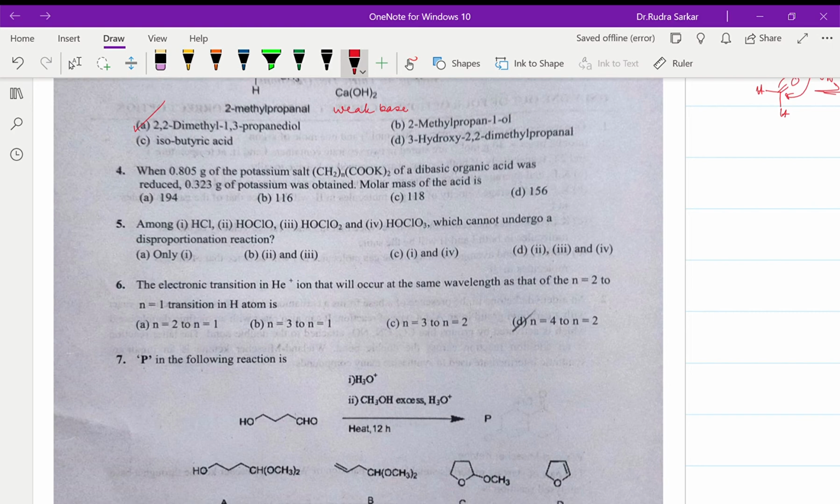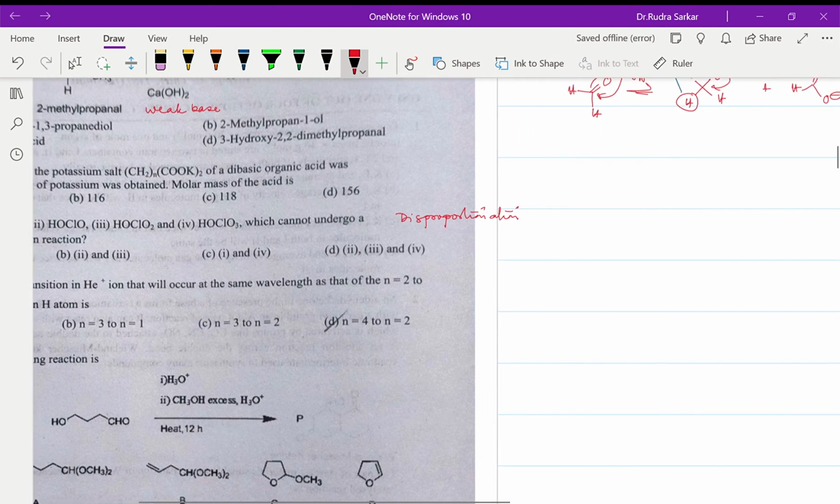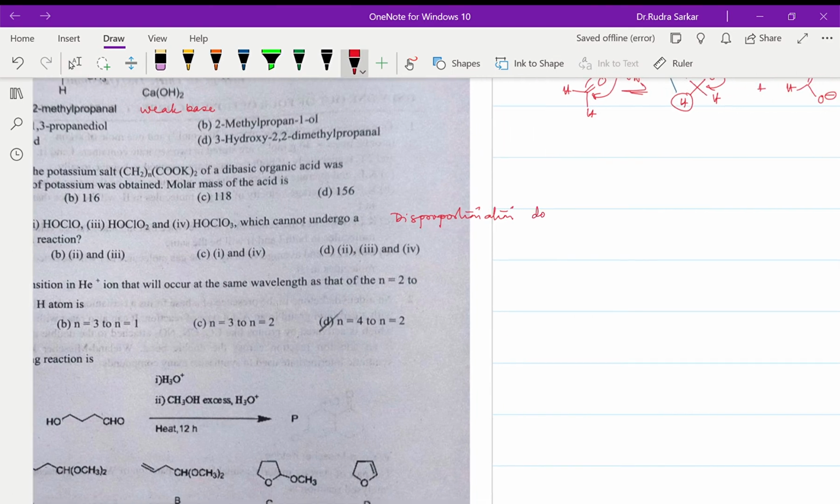So we will say as a theory that disproportionation does not happen when elements are present in their lowest or highest oxidation states.